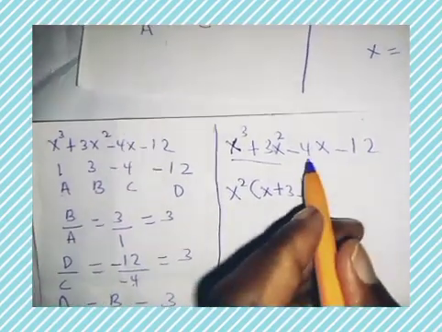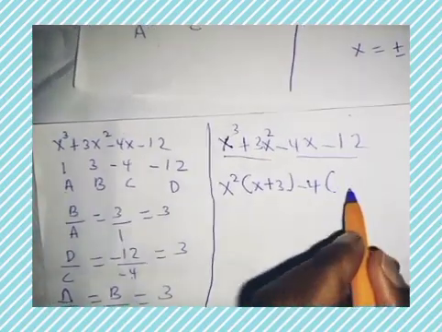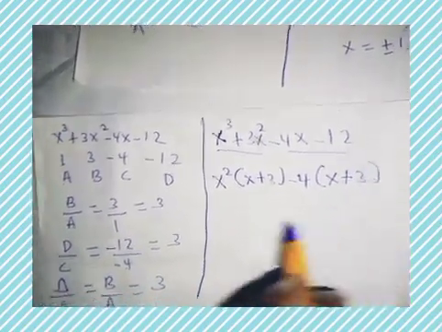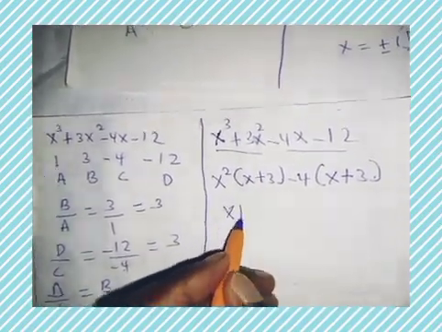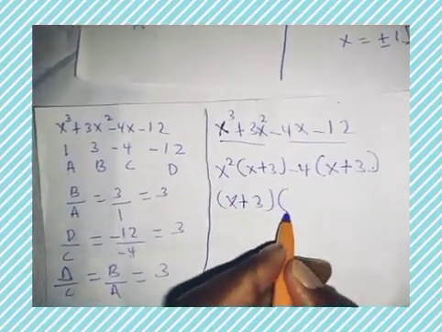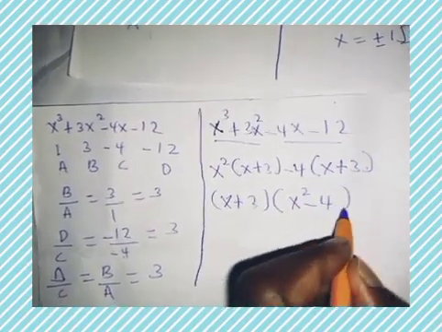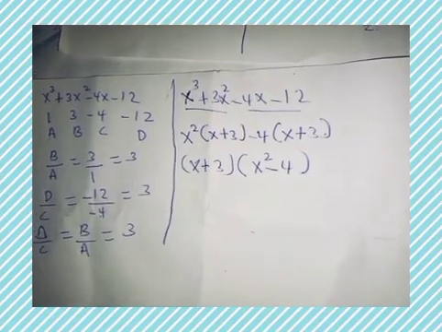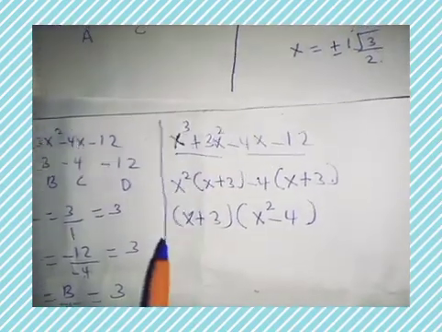Minus, you pair the last two, 4 is common. You factor 4 outside to be left with x plus 3. Then you can see x plus 3 is common, so you factor it out. So you have x plus 3 into bracket x squared minus 4. Then we have factorized our equation.